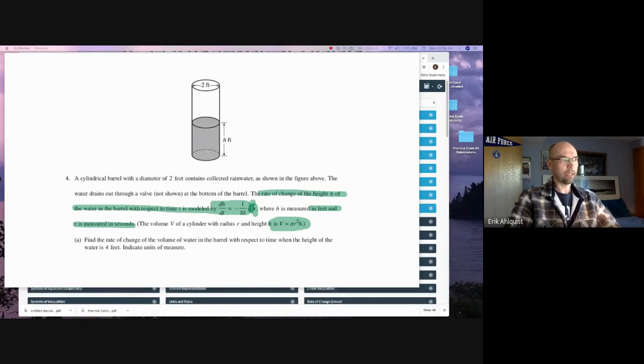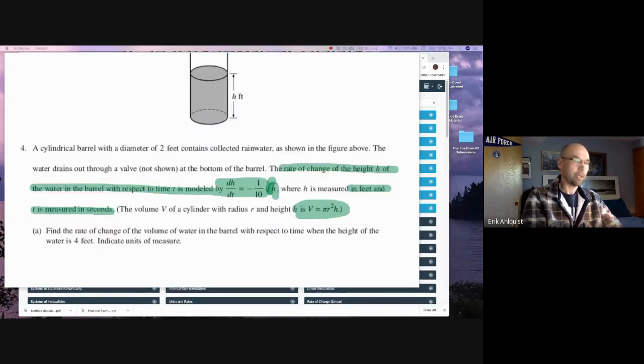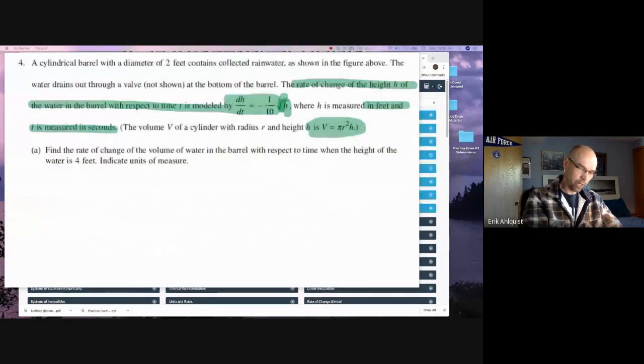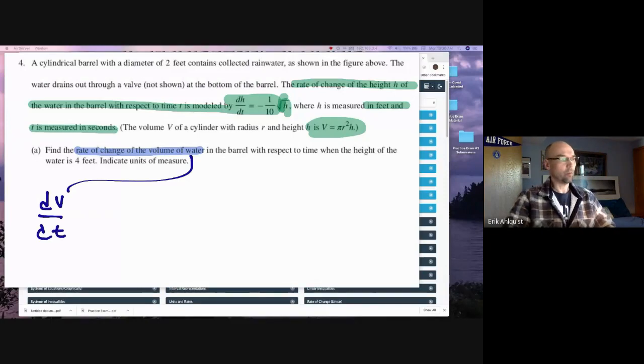So then they jump in, and if we jump into part A, it says find the rate of change of the volume of water. If we think about what that is, that would be dV/dt. That's the rate of change of the volume.